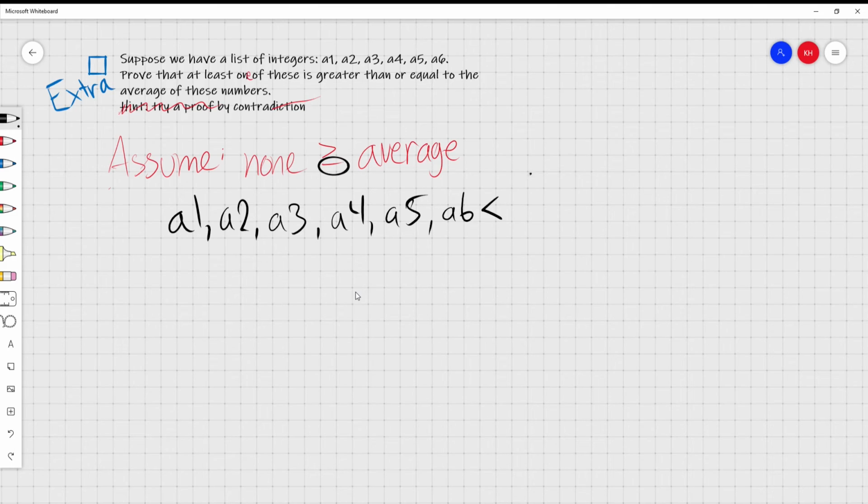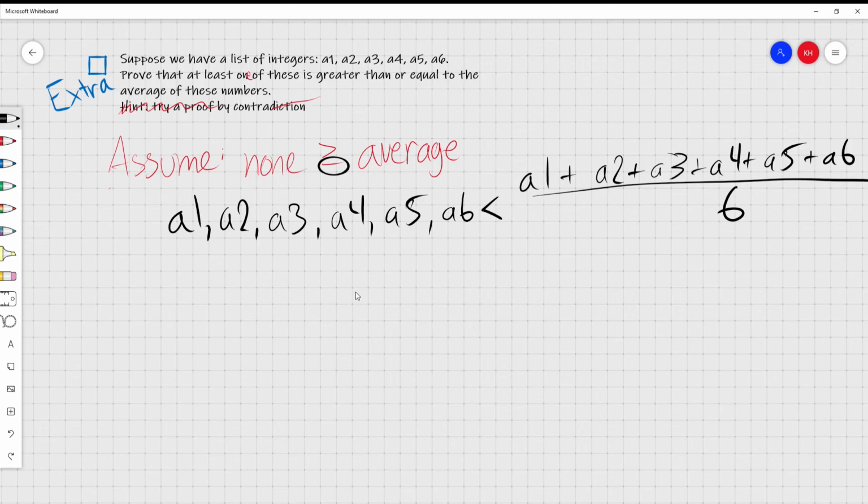And we get that it's going to be less than A1 plus A2 plus A3 plus A4 plus A5 plus A6, all divided by 6. This is just the definition of an average, and that's how we get here. And so this is about all I know for the information that we're given.